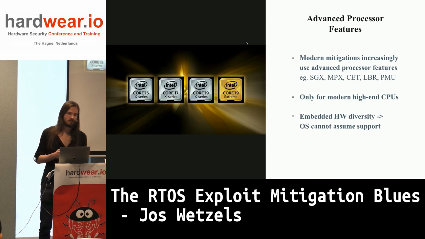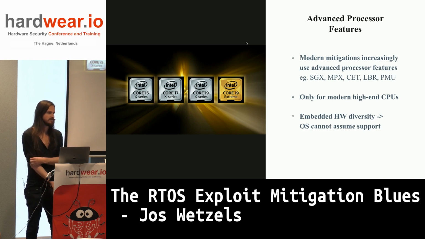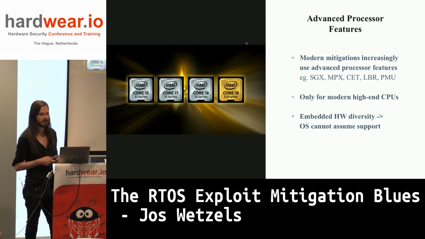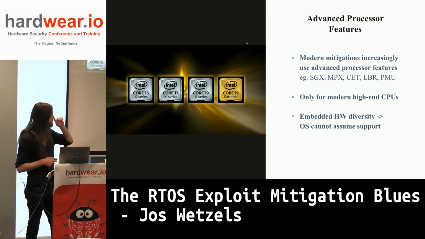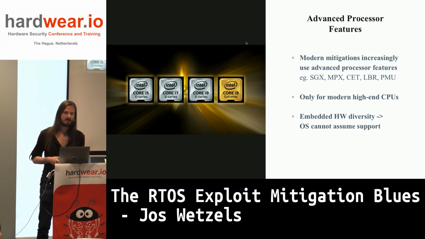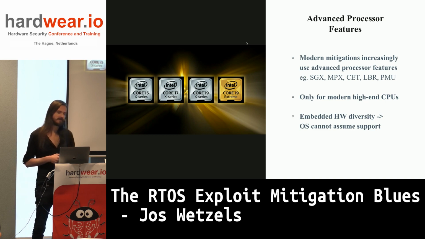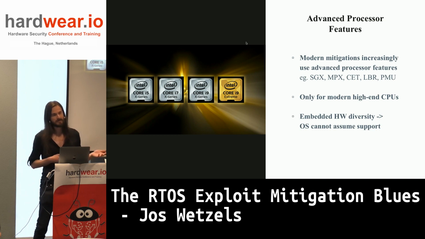Secondly, there's the issue of advanced processor features. People who have kept up with relevant literature in exploit mitigations, especially if you look at the work in control flow integrity, know that modern mitigations increasingly rely on advanced processor features. Intel CET feature, Intel LBR, PMU, you name it. The problem is that these kinds of features are only present on modern high-end CPUs.